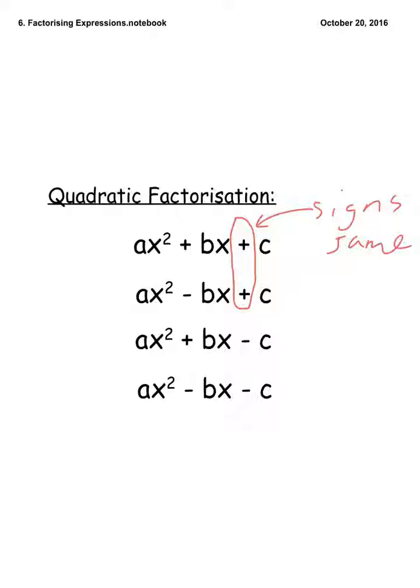The two signs in the middle of your x and your numbers are going to be the same. This sign here tells you that they're both going to be plus. In this variation, they're both going to be minus. The minus in the second position tells you that your signs are different.